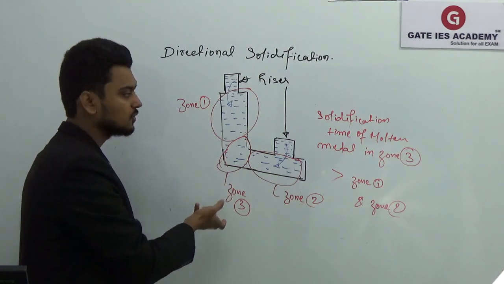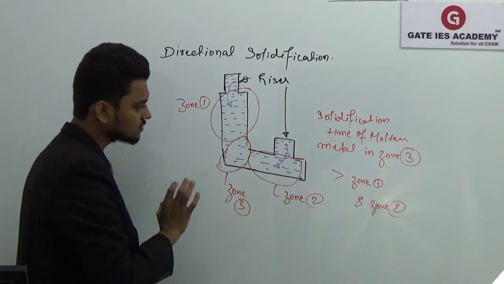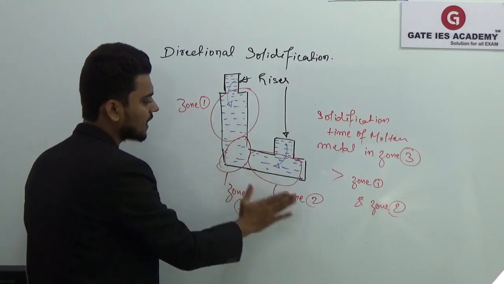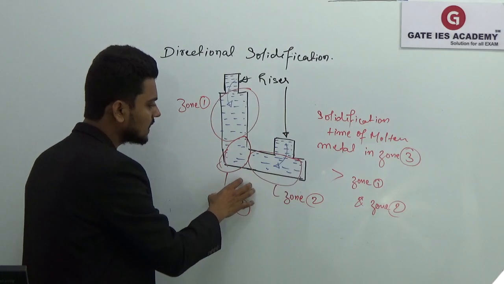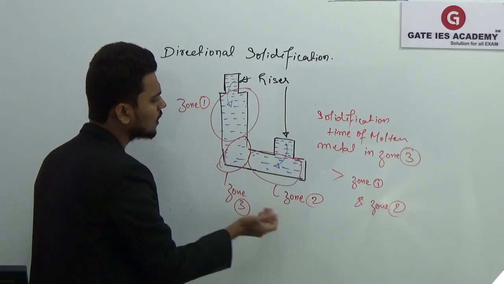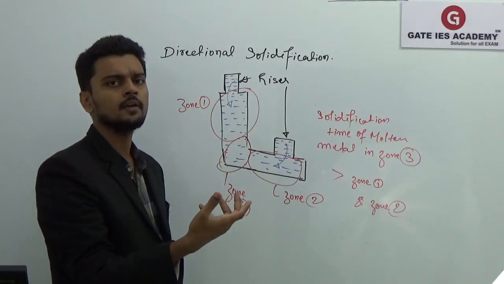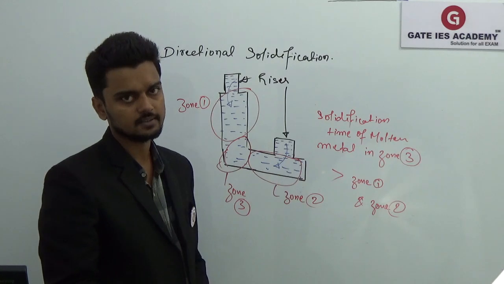Okay, and we do not have the riser at the corner. So the actual condition should be that zone 3 should solidify before zone 1 and zone 2. Once zone 3 has solidified before zone 1 and zone 2, the riser will feed the extra molten metal it requires to avoid the shrinkages.